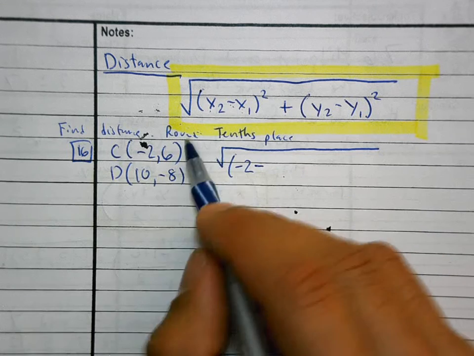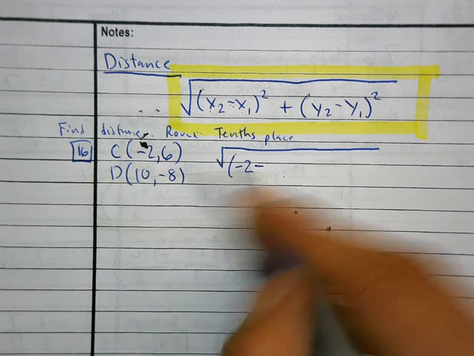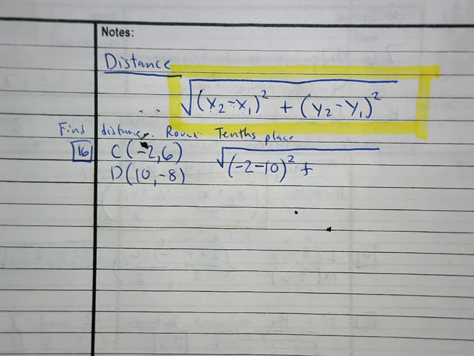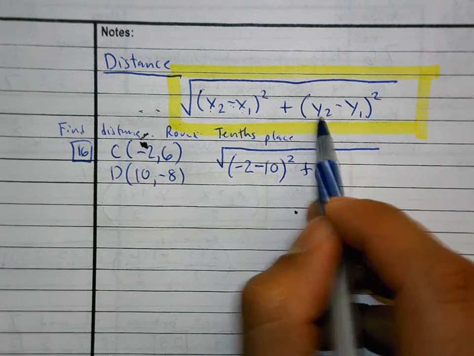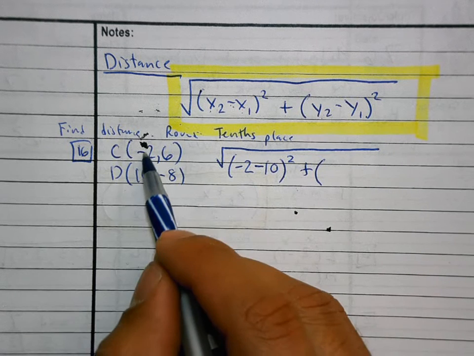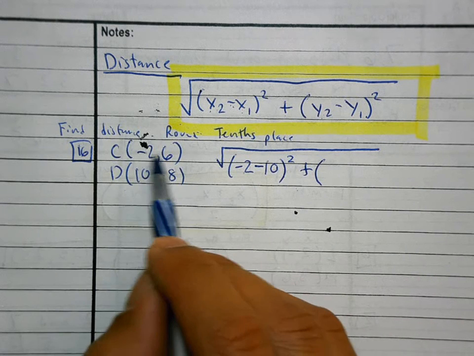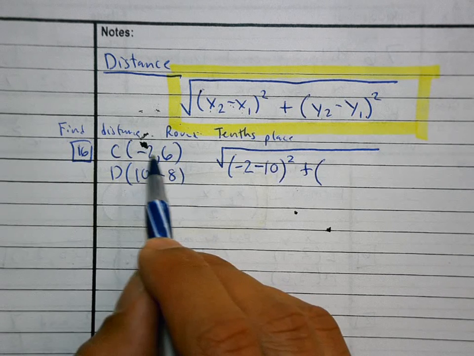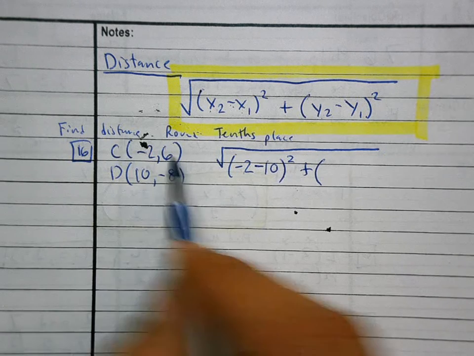Once I do this, -2 minus the 10 squared, plus this y2 has to match with the x2. Meaning I started with -2, now I have to start with the 6. The -2 was first, the 6 has to be first.